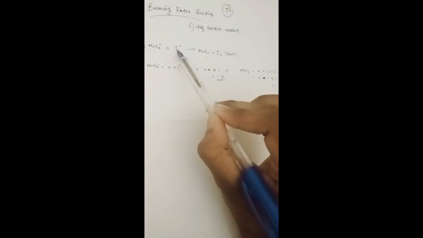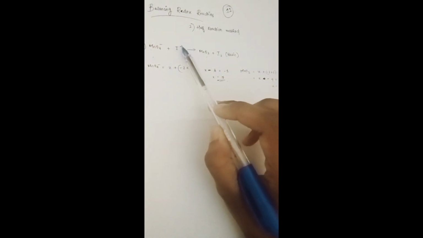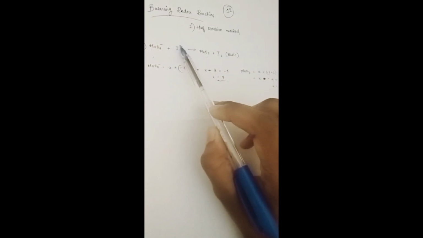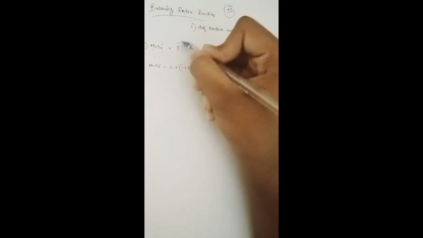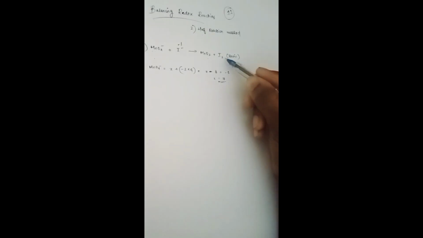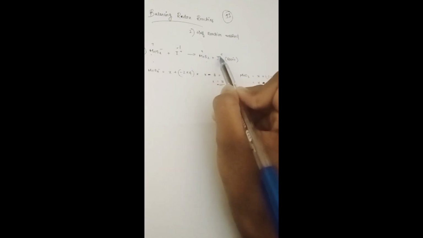Now, to find the oxidation number of iodine: when an element is in its free form, the oxidation number is 0. But here there is a minus sign, so the oxidation number of I minus is minus 1. Over here in I2, the oxidation number is 0. So Mn is 7 going to 4, and iodine is minus 1 going to 0.